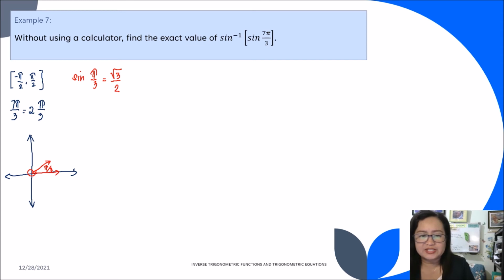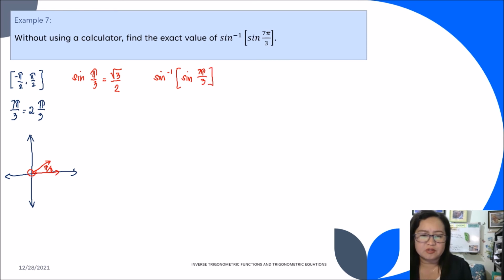So replacing 7 pi over 3 with the exact value, let's write first the original expression. So we have inverse sine of sine 7 pi over 3.